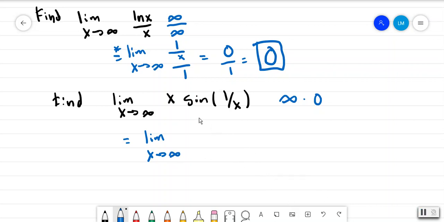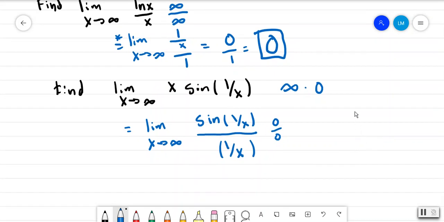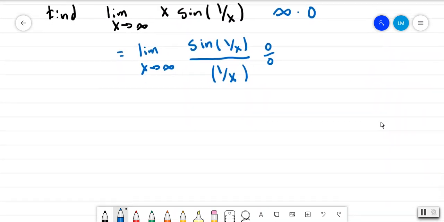So we can rewrite it as sine of 1 over x divided by 1 over x. Now if you take x to infinity, this becomes 0 over 0, which means that we're in the original indeterminate form, and we can apply L'Hopital's rule.